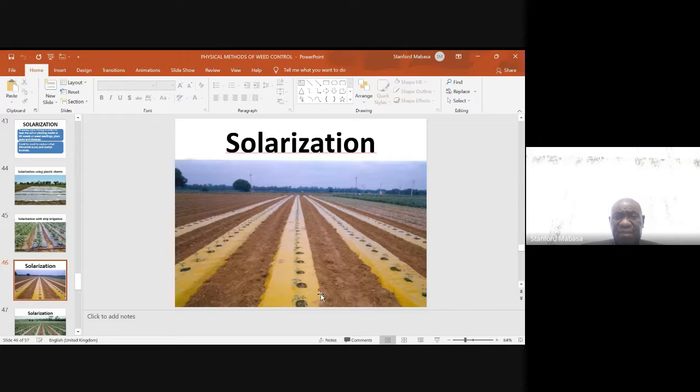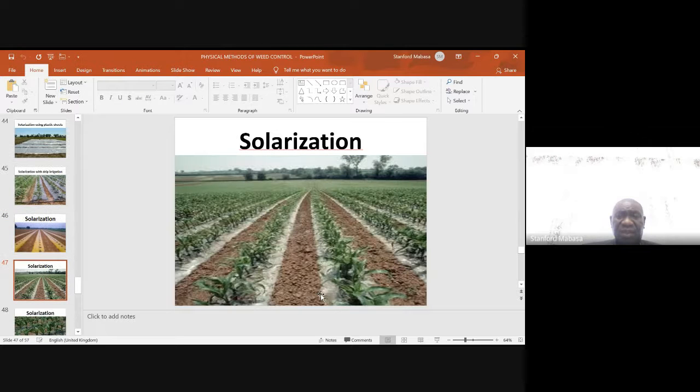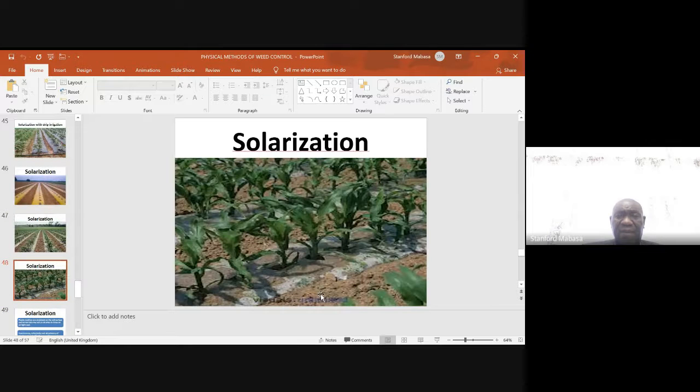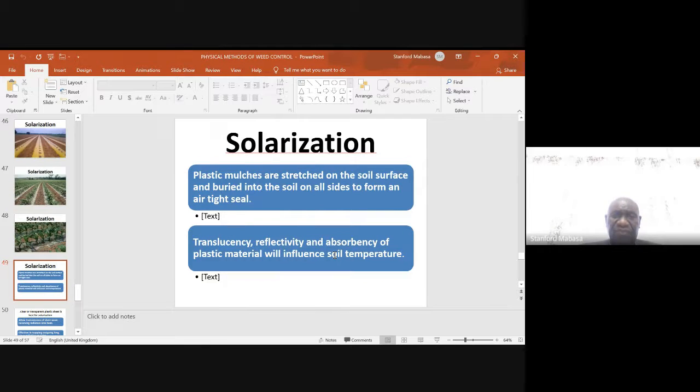Basically, the plastic will trap light and heat, which will be used to kill the weeds. In solarization in maize, you can see the plastic sheets in the maize. So with the solarization, we are simply covering the soil surface with the plastic mulches.